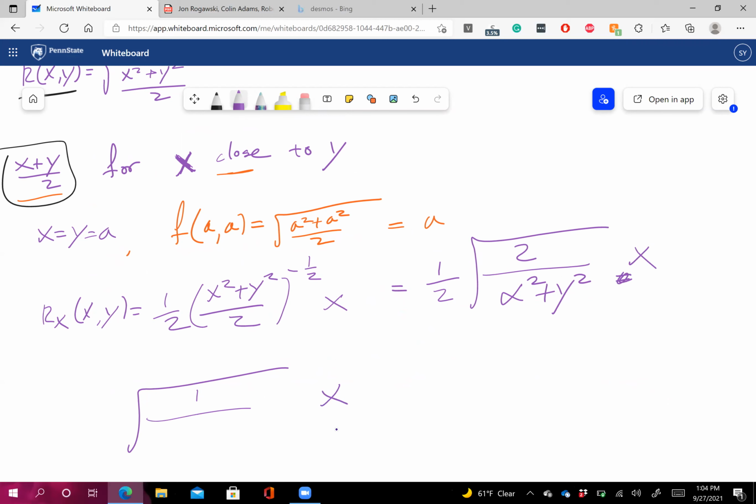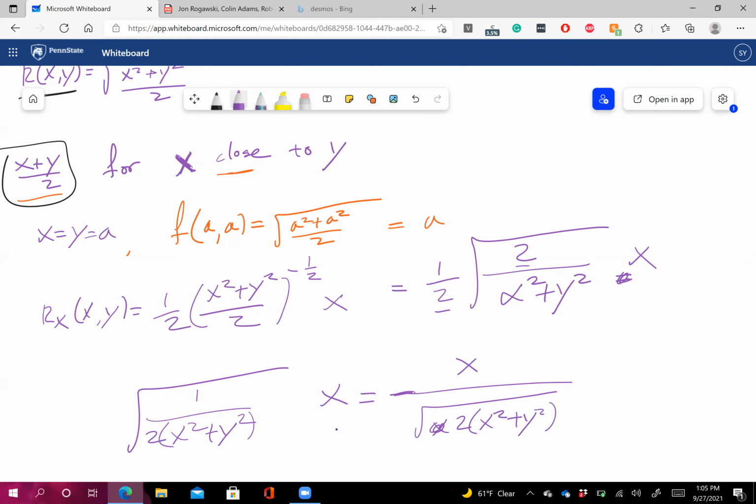And then you get the square root of 1 over 2, because this 2 and this 2 cancel, the 4 when you put it inside, x squared plus y squared. And so this is x over the square root of 2 times x squared plus y squared.